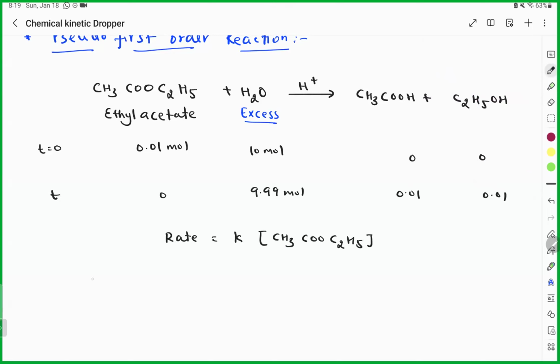Okay. The same example you can take for the inversion of cane sugar. C12H22O11. What is the name of this compound, Barinder? Glucose. Glucose. C12. Then what is this C6H12O6?